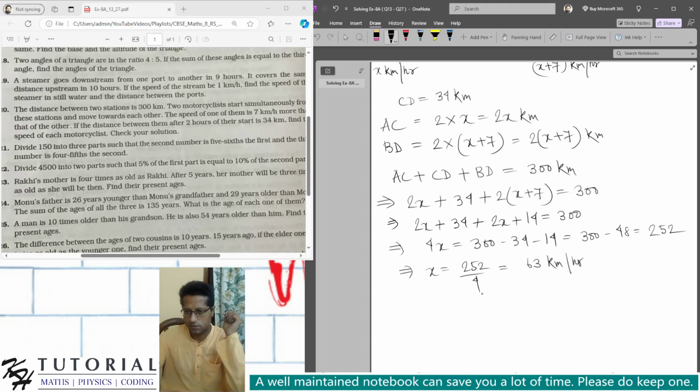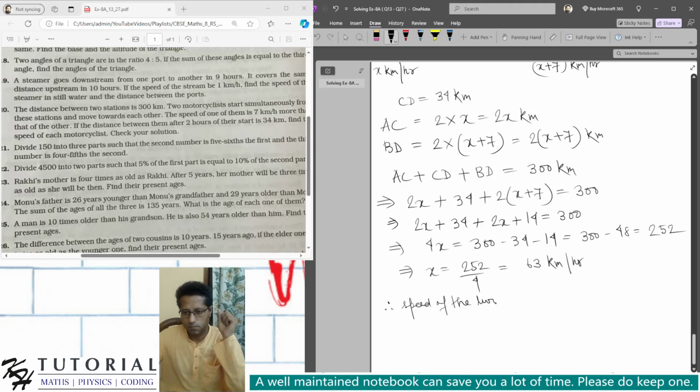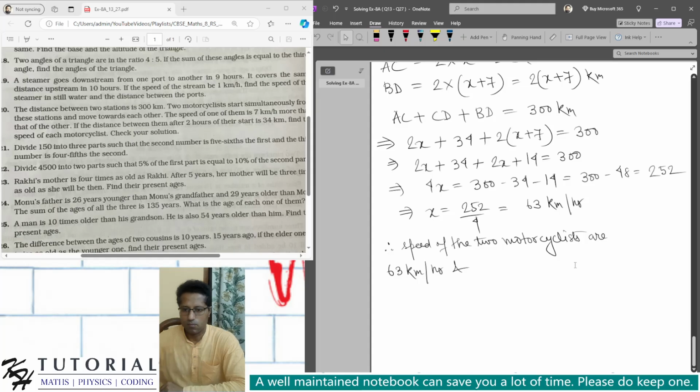So the speed of the first motorcyclist is 63 kilometer per hour, and the other one will be 7 kilometer per hour more, that is 63 plus 7 kilometer per hour, that is 70 kilometer per hour.